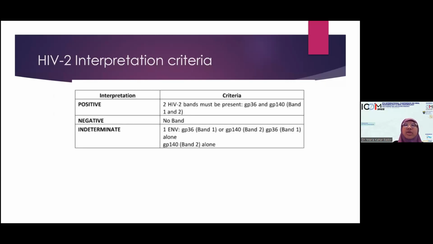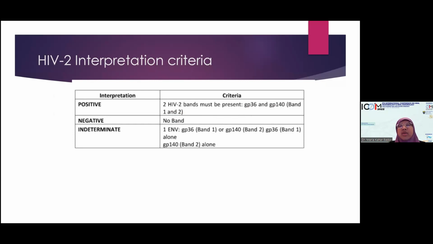So these are the HIV-2 criteria. For HIV-2, it must be present GP36 and GP140. So there is the matrix protein has to be there. And obviously, if there's no band, it's negative.